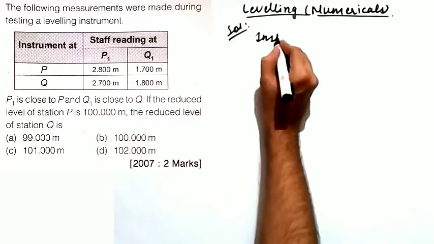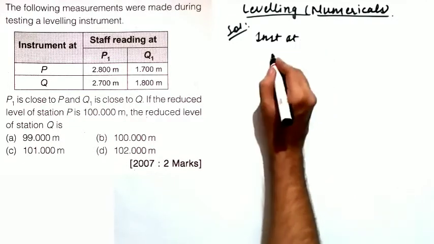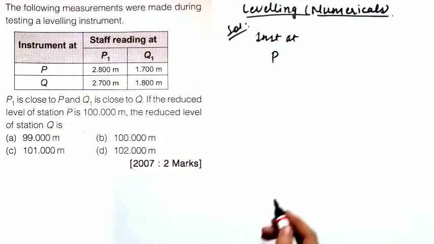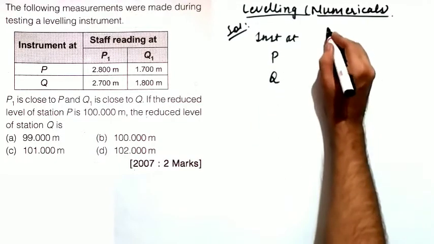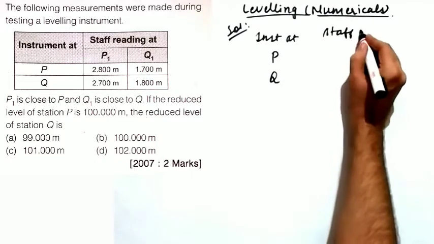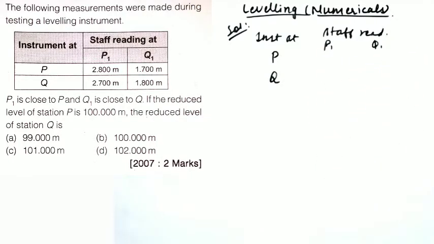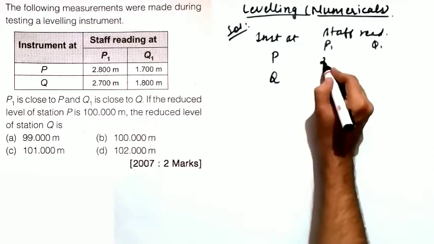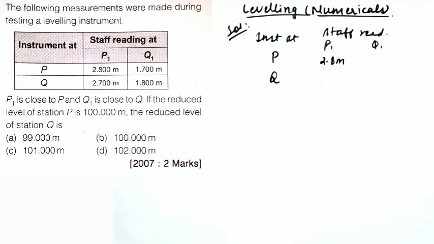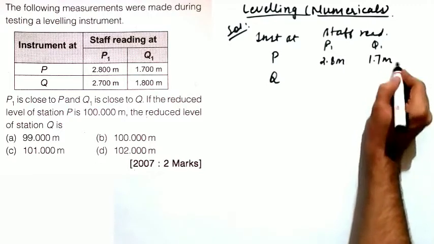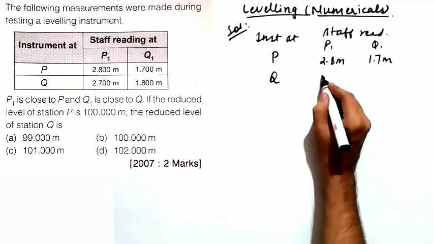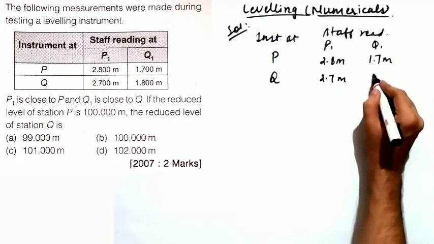This denotes the instrument set up at: first the instrument was set up at P, secondly the instrument was set up at Q. Now the staff readings at P and Q are given as 2.8, 1.7 meters. This is 2.7 and 1.8 meters.